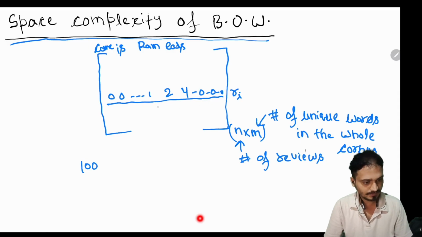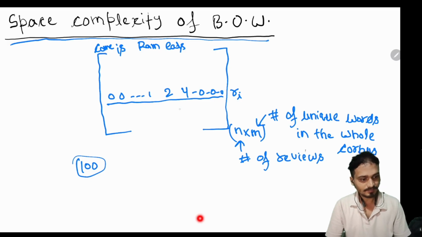So we are taking space in the entire column, so it will be 100 as well. But the main point is most of them are 0, only 3 are non-zero. So isn't it a waste of space? Yes, there is lots of waste of space over here.